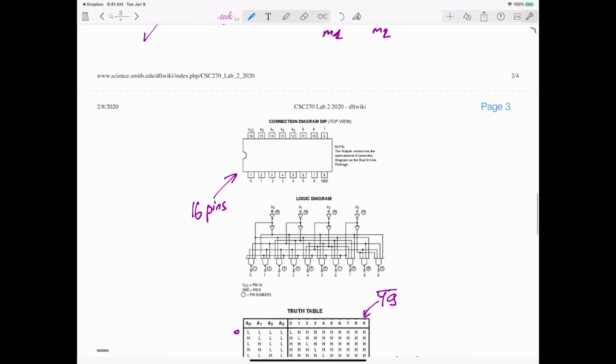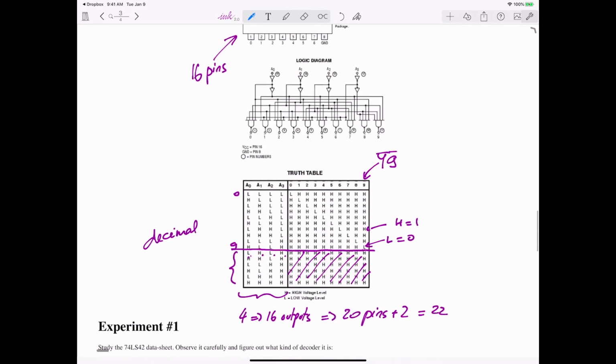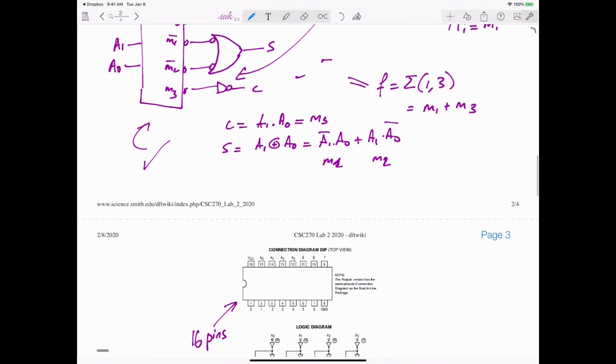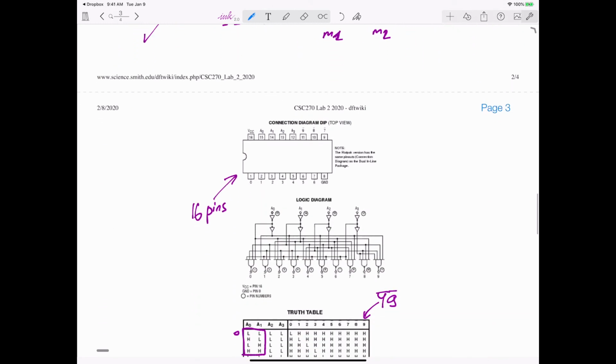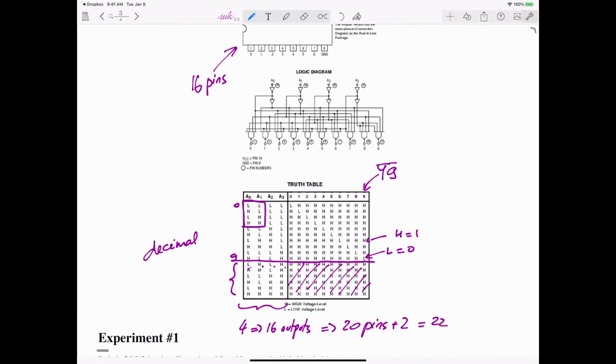Now I don't have a 2 to 4, I have this one. The trick is to see if I can recognize a 2 to 4 here. If you look at this part, it looks very much like the truth table that I have for my 2 to 4 decoder, and this part right here is the output.